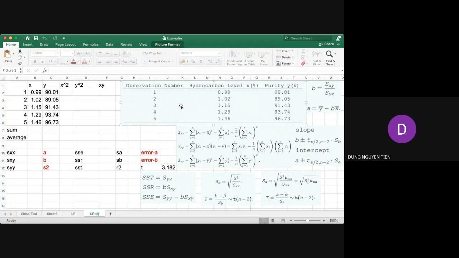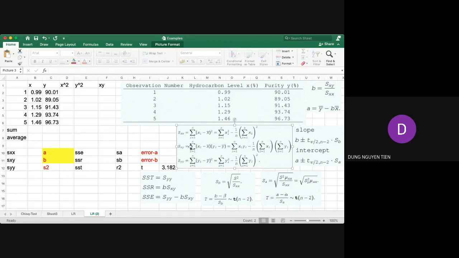And then you want to find A and B. That is what you want to do. So in order to find A and B, you need to use this formula. You need to find B, you need to find A, right? In order to find A and B, you need to find the sum of the deviations. So you need to use these to get the sum of the deviations, right? Understand? So you need to find Sxx, Sxy, Syy, all right?